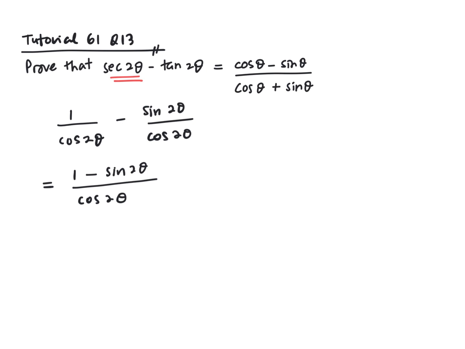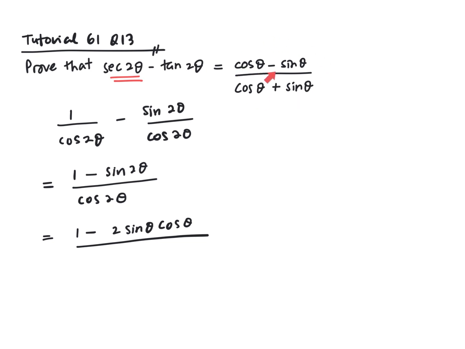Now we need to apply the identity. So it should be 1 minus 2 sine theta cos theta, divided by cos 2 theta. If you noted, we have 3 identities related to cos 2 theta. But maybe we can check the pattern or the form of the right hand side.